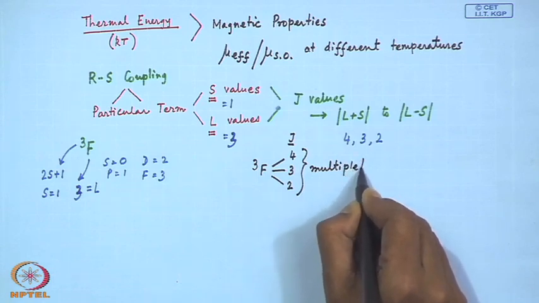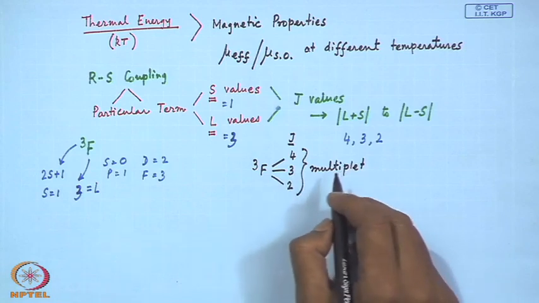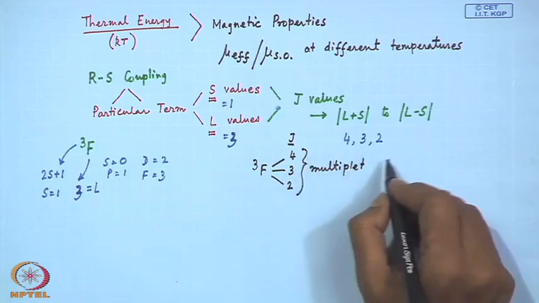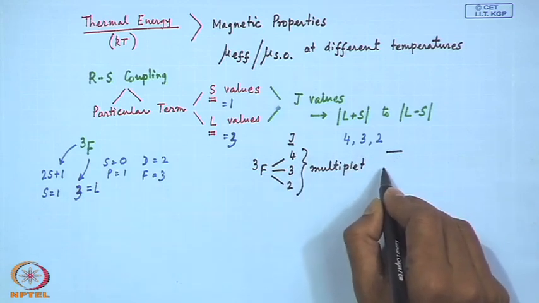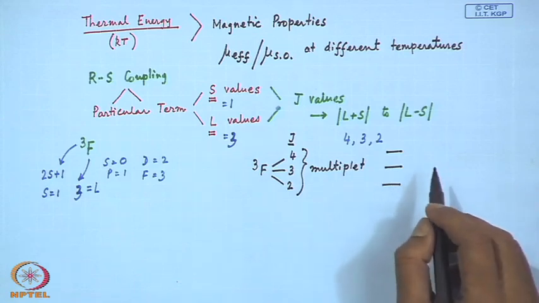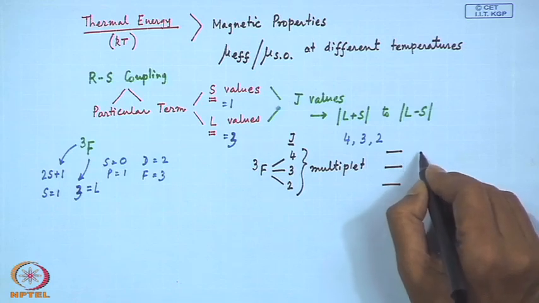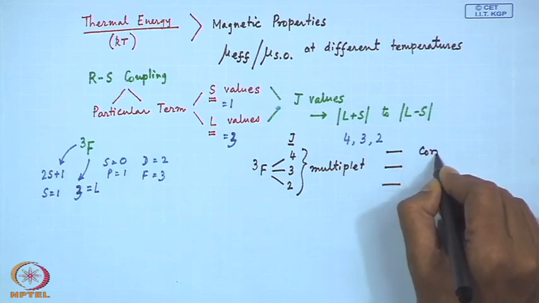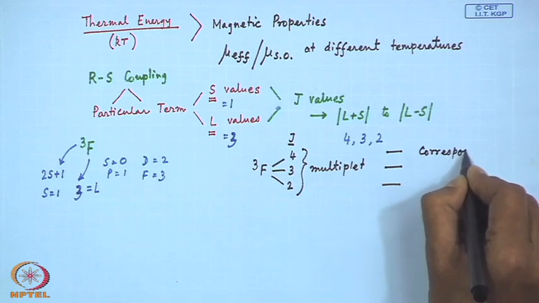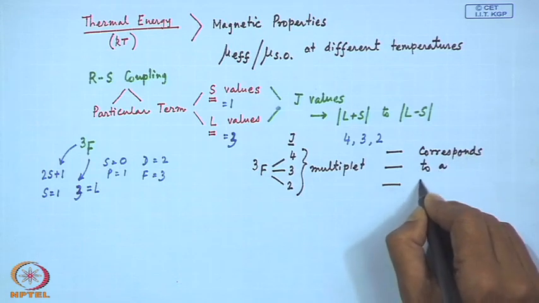Each of these states, that means J equal to 4, J equal to 3 and J equal to 2, corresponds to a particular energy.